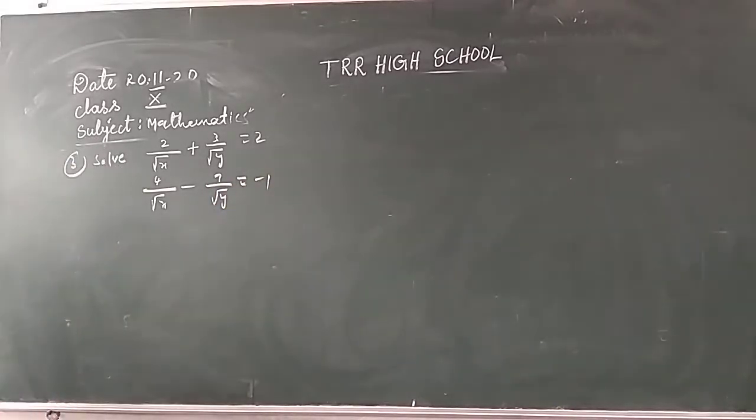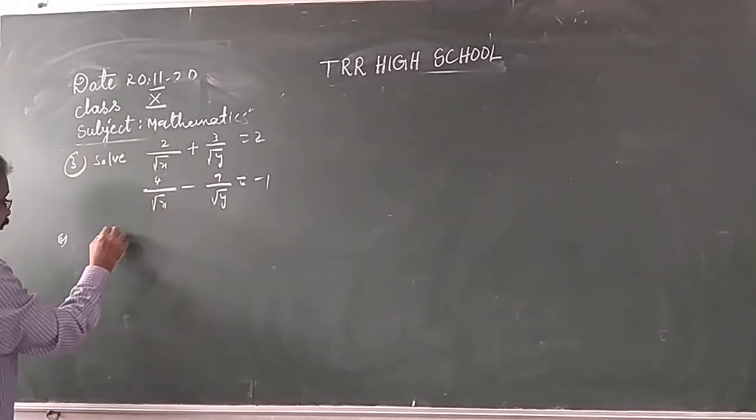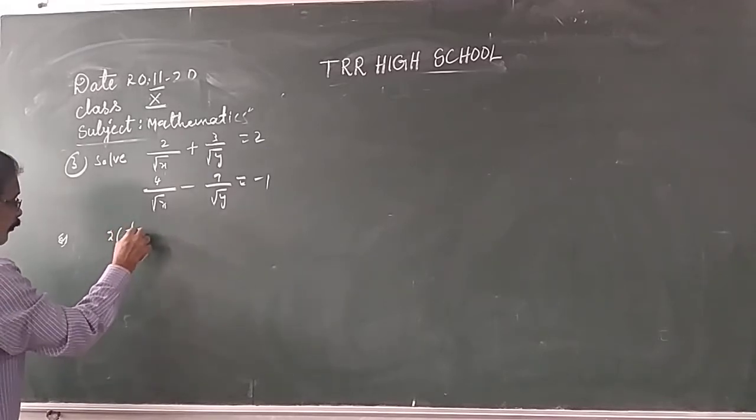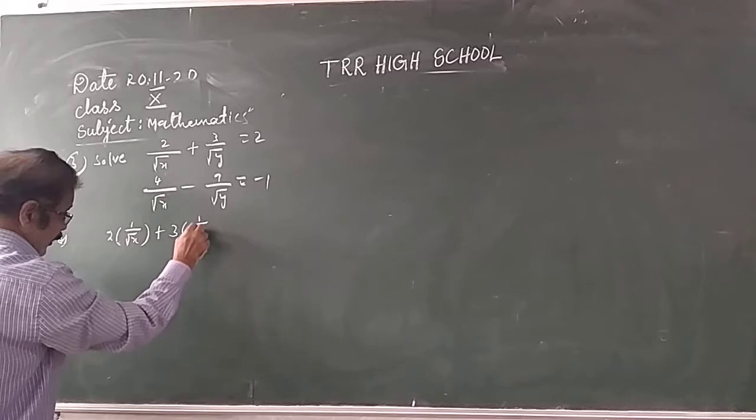How to solve this? So, same reducible form. Let 2 by root x mean 2 into 1 by root x, plus 3 by root y means 3 into 1 by root y.